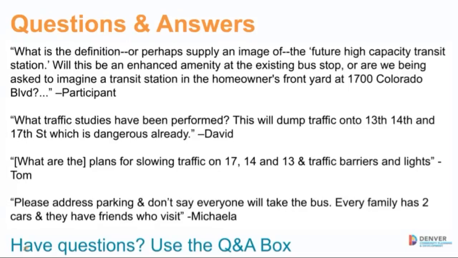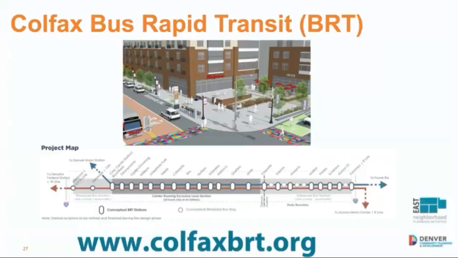Thanks, Kurt and Liz. This is Mike Gill, and I'm the project manager for the Colfax BRT project. And we are actively in procurement now for a consultant for the next phase of the project, which is the NEPA, National Environmental Policy Act, clearance phase, as well as initial preliminary design.